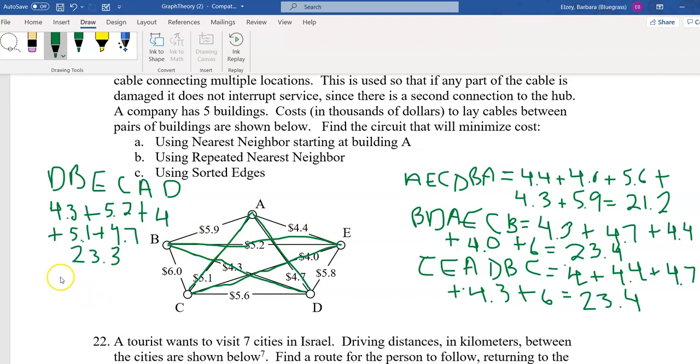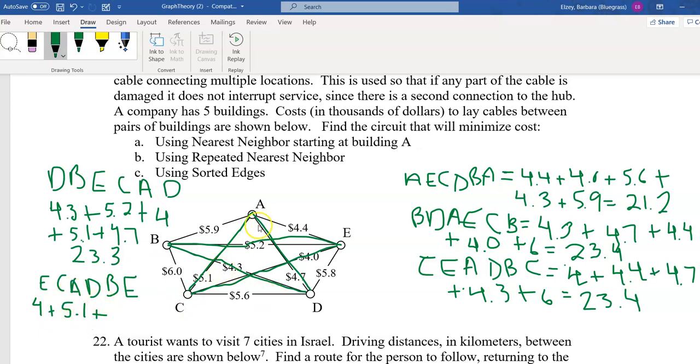All right, so let's see, we went E to C to A to D to B, and back to E. Okay, so E to C was 4. C to A was 5.1.